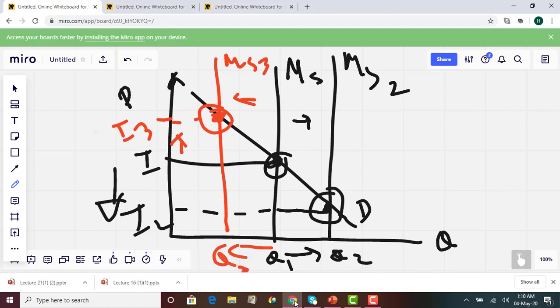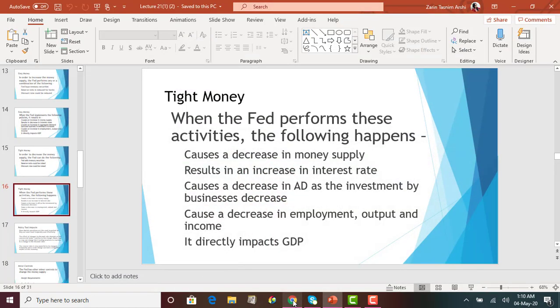The money supply curve shifts to the left and interest rate goes up. What happens when interest rate goes up? Businesses are now discouraged to take loans because the interest rate is high, and as a result business investment falls. And as business investment falls, people lose their jobs, aggregate demand falls, income falls, and output falls. So it directly impacts GDP.